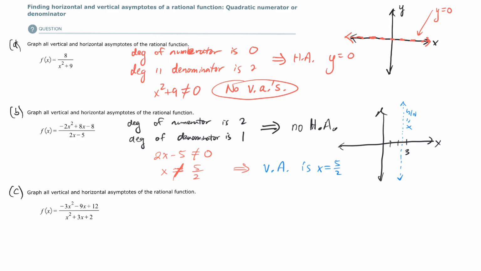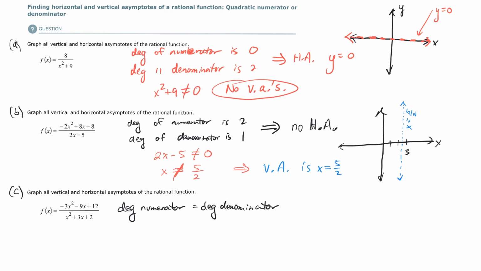What about the last example here? What if the degree of the numerator and the degree of the denominator is the same? Well, that's also yielding very interesting results. If you continue to study calculus, you're going to realize that when the degree of the numerator equals the degree of the denominator, something magical happens.